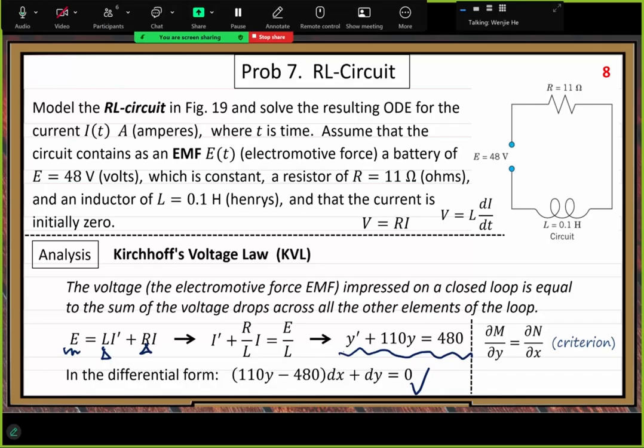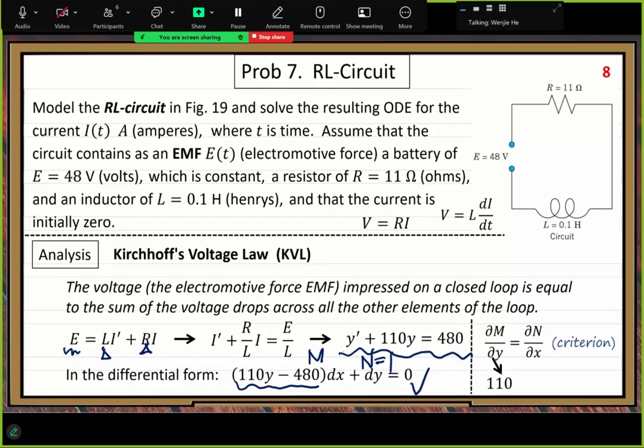Partial M over partial y. This is the M function. The M function equals constant 1, right? Partial M over partial y, you take the partial derivative, 0.